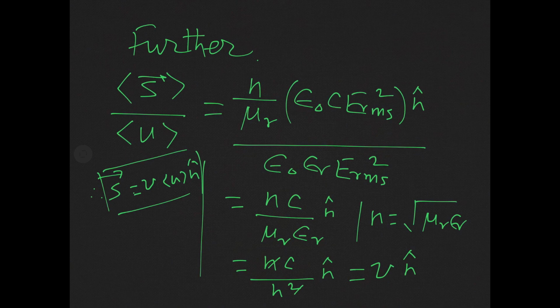This v is the velocity of the wave traveling in isotropic dielectric, and S represents the energy flowing. So energy is flowing at a velocity equal to the velocity of the wave propagating in this medium. At the same time, this energy flow also takes place in the direction of wave propagation, because the Poynting vector S is parallel to n hat, and n hat represents the direction of wave propagation. So you can say in this case the energy flow takes place in the direction of wave propagation.